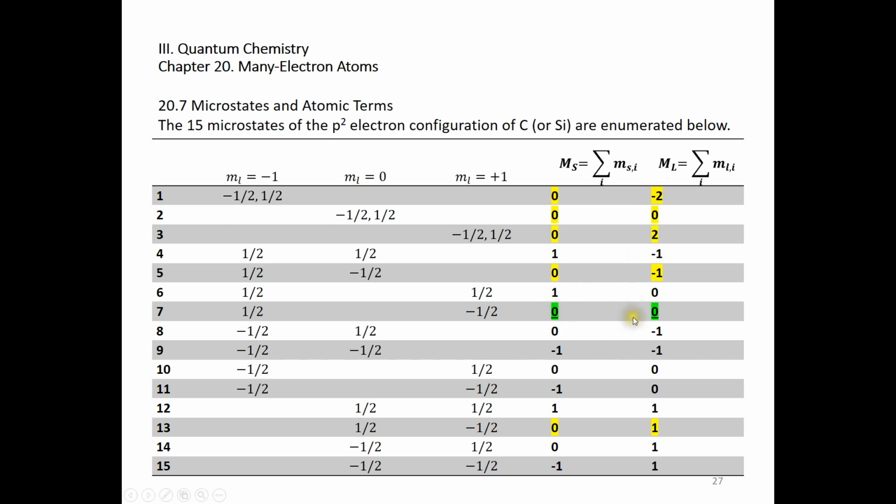The third rectangle is a 1 by 1 rectangle. M sub S can only be 0, m sub L can only be 0. So really, you just try to group the 15 microstates into a number of rectangles. The rows and columns of the rectangles are the possible values of m sub S and m sub L. In this case, we can make 3 rectangles, therefore 3 atomic terms.